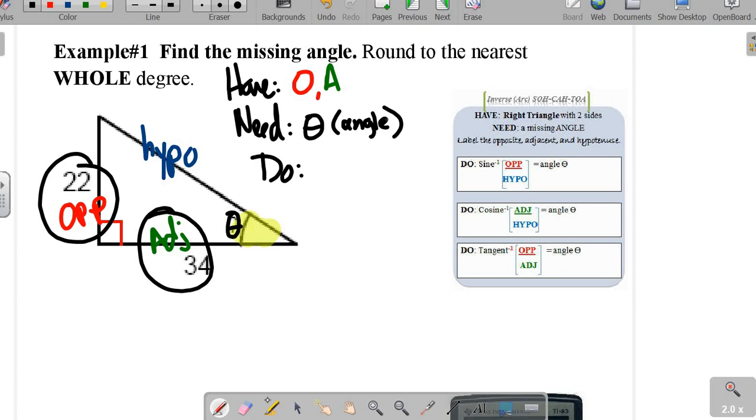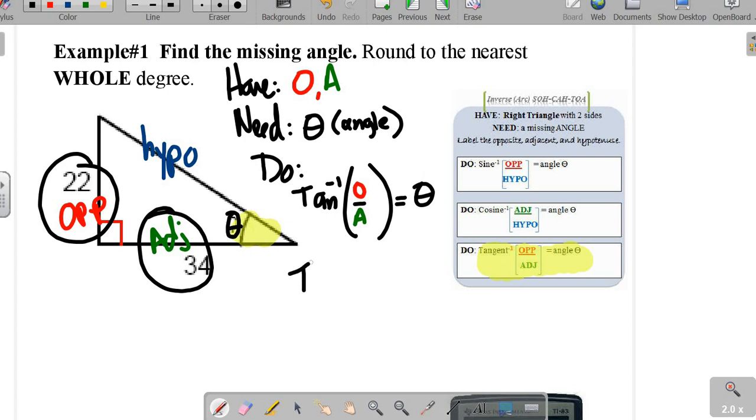What do we do? This is where you're on the right side of your right triangle toolbox. I have an OA combo, so I'm going to be using what's called inverse tan. Watch how you write this. Inverse tan, and that means tan to the -1. There's no equal sign there, parentheses, opposite over adjacent. Now your equal sign will give you your angle theta.